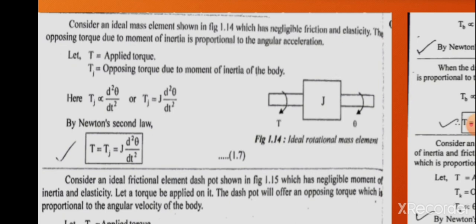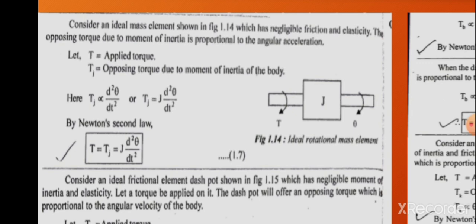So we can write the equation Tj is directly proportional to d square theta by dt square, or Tj equal to J into d square theta by dt square. So by Newton's second law, we can write applied torque is equal to opposing torque, that is applied torque is capital T and opposing torque is Tj. So T equal to Tj equal to J into d square theta by dt square.